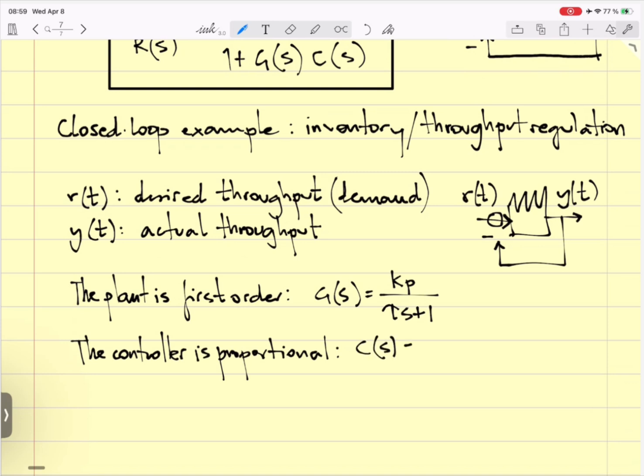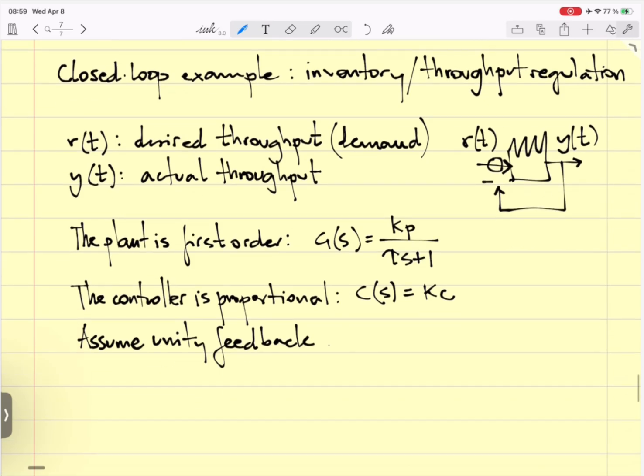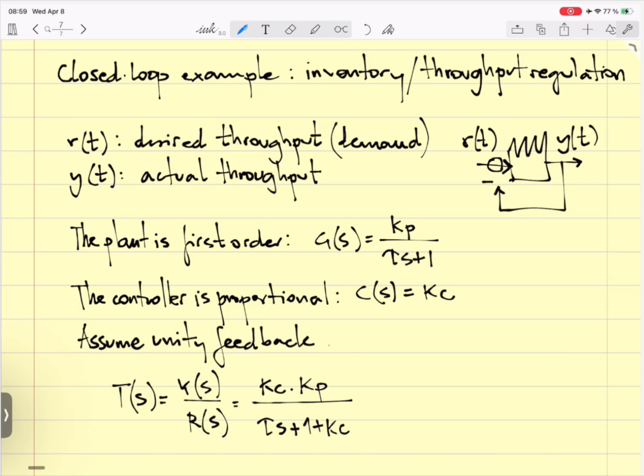So C of S is K sub C. And we assume unity feedback. So the transfer function T of S equaling Y of S divided by R of S is going to turn K sub C times K sub P divided by tau S plus 1 plus K sub C, K sub P.